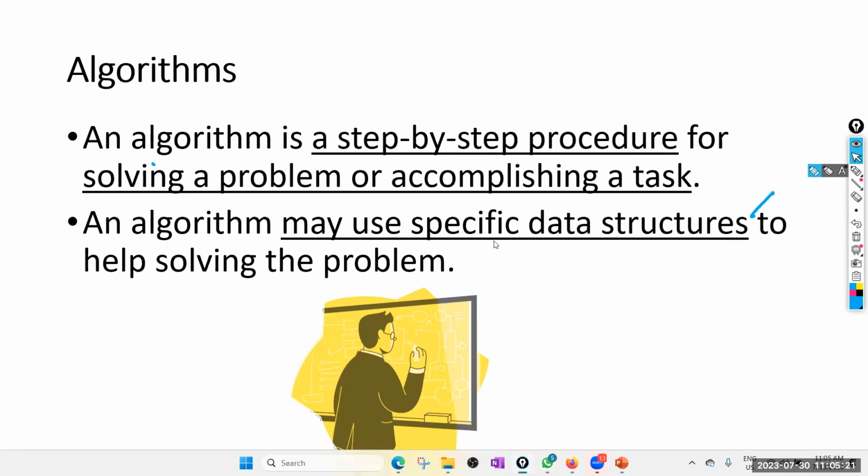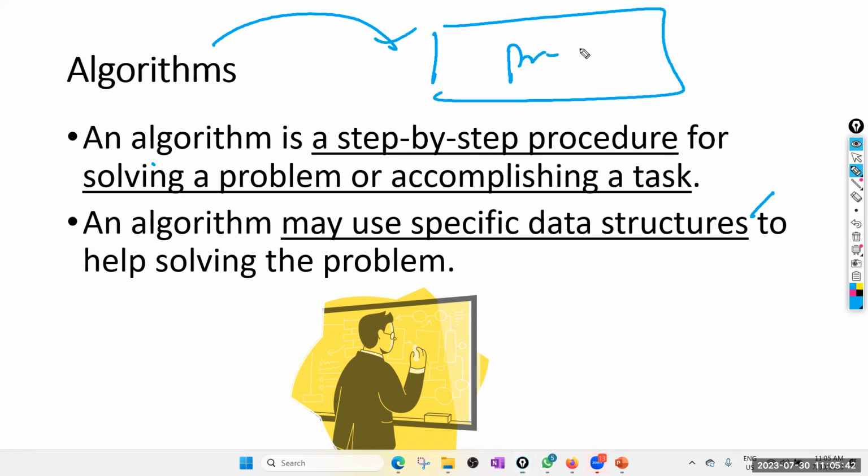Right. So now let's look at what is an algorithm. An algorithm is basically a logic that you propose to solve the problem. So basically an algorithm is also a program. When you write it in a programming language, you call it a program.